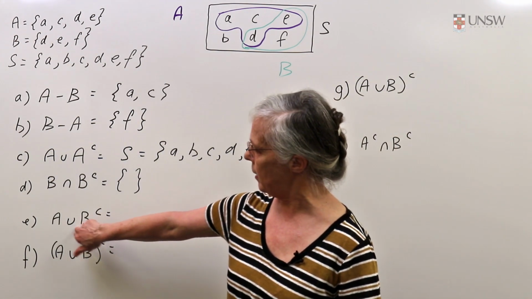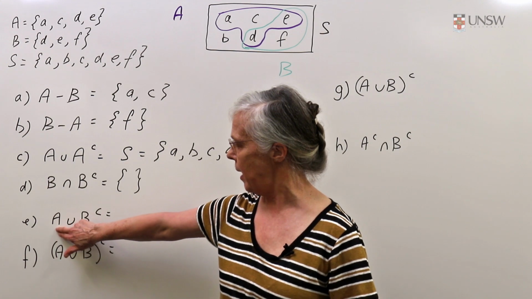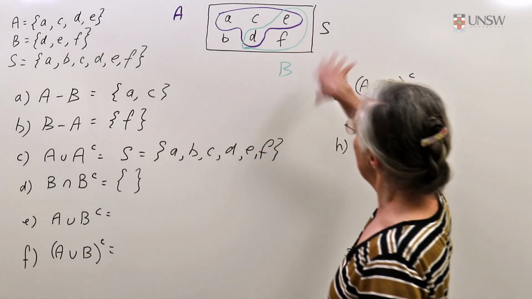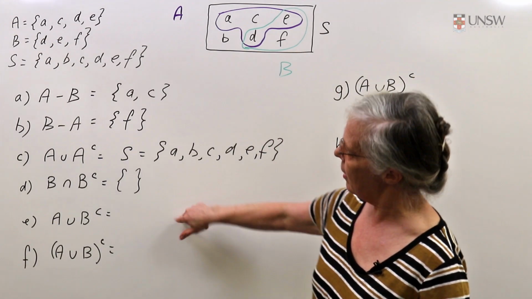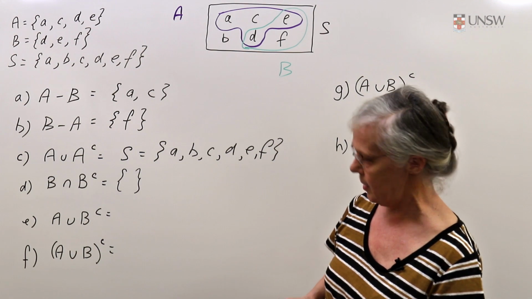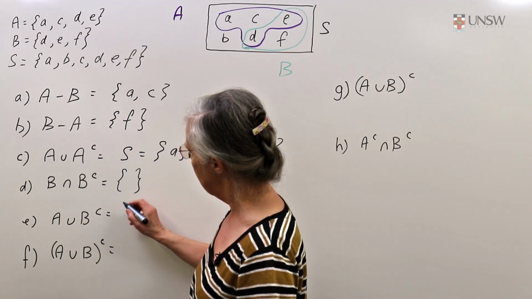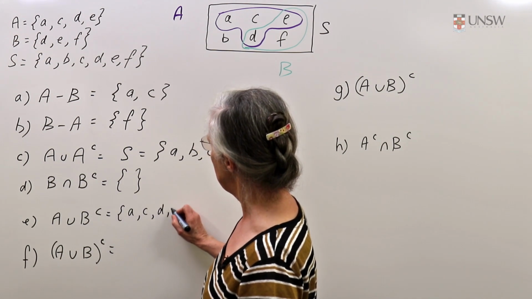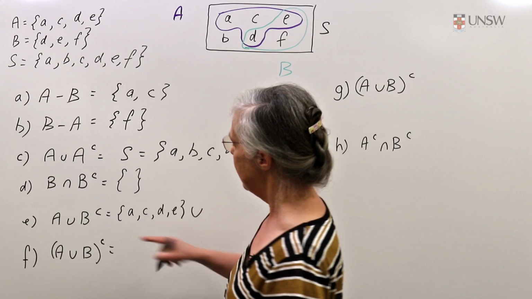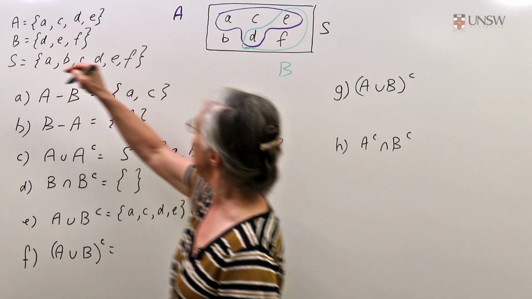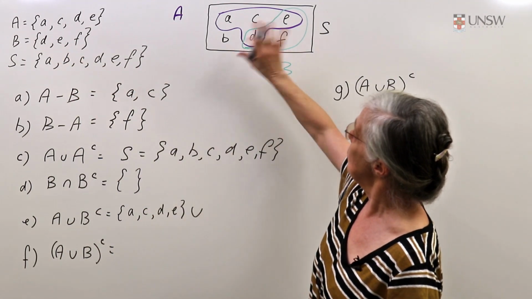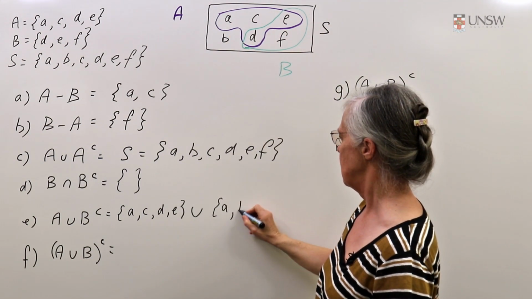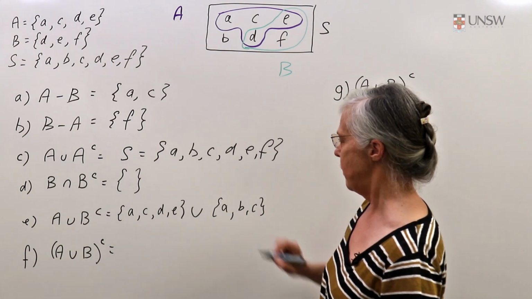Okay, we have another union one here. This time we want everything that's in A, or the complement of B, or possibly both. So we could look at it in terms of the Venn diagram, but let's look at it in terms of the set elements. So to be in A, that means it's one of these things, A, C, D and E, or it's in the complement of B. B was these three things, our green elements, so the complement outside that will be A, B and C. Not a very good braces, is it?